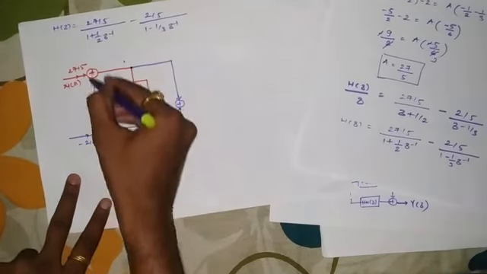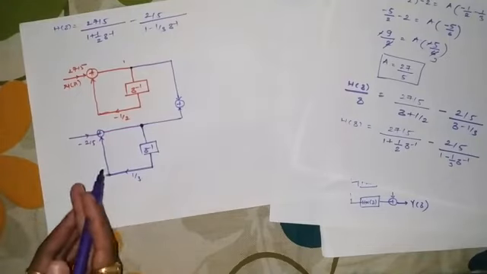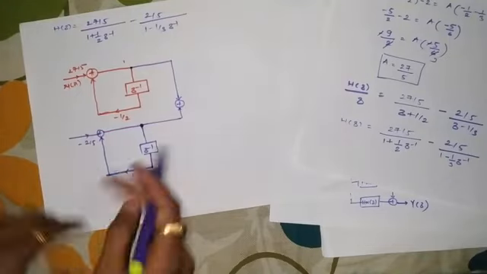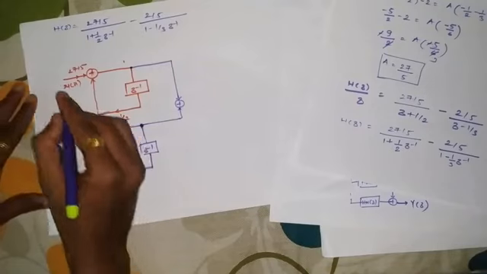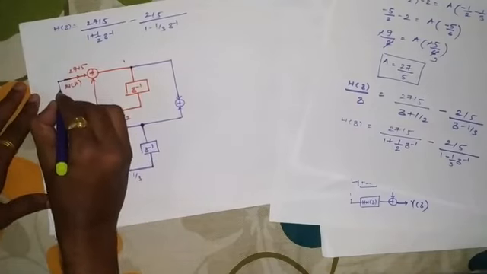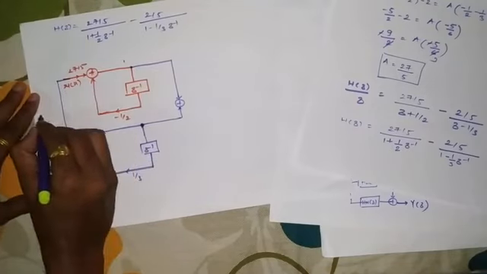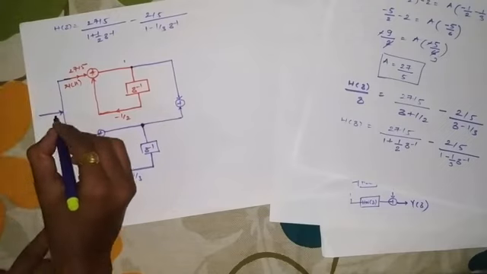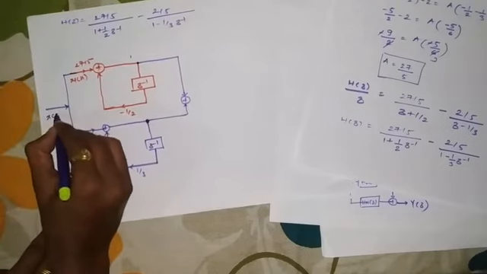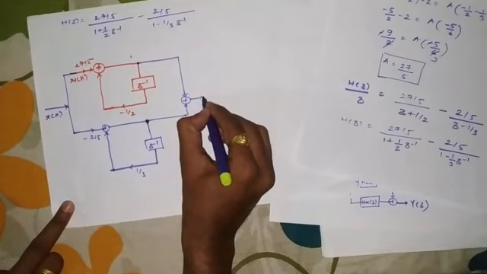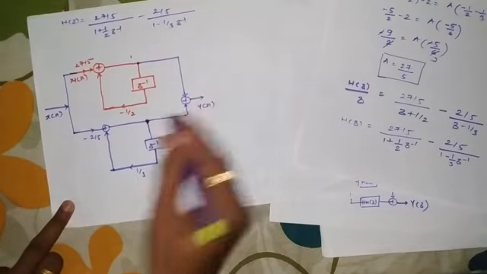Now as far as this part is considered, for this entire system the input is going to be common. That means what we can do is we'll combine the input, and let this be the input. If you see properly, this is x of n, and this is our output y of n.